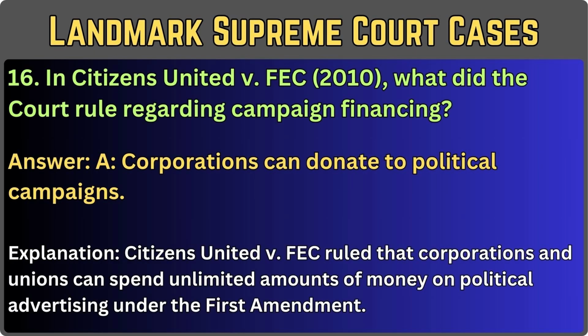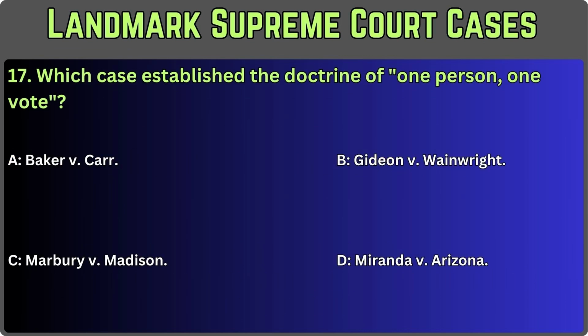Answer: A. Corporations can donate to political campaigns. Explanation: Citizens United v. FEC ruled that corporations and unions can spend unlimited amounts of money on political advertising under the First Amendment. 17. Which case established the doctrine of one person, one vote?